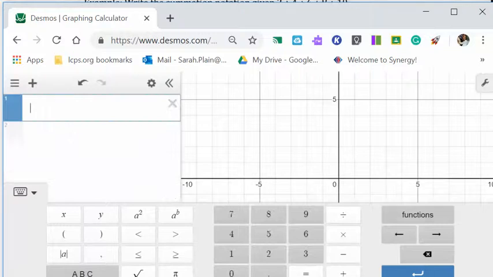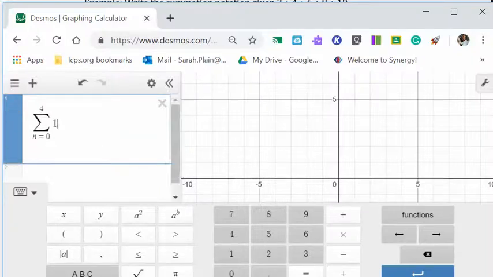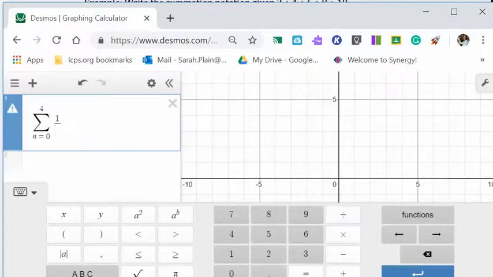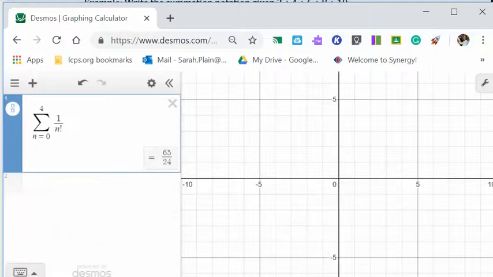And if we do the last one just using the calculator, my first element is 0, and it's going to 4, and it's 1 divided by n factorial. And if you add all of that up, you should have gotten 2.7, which also reduces to 65 over 24.